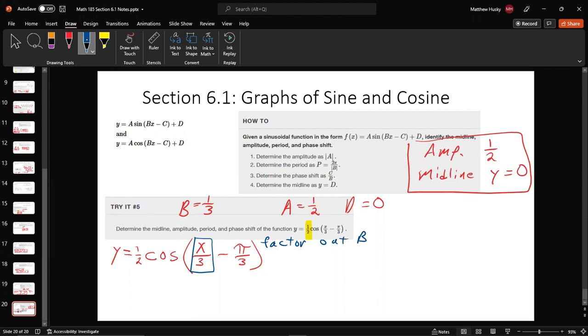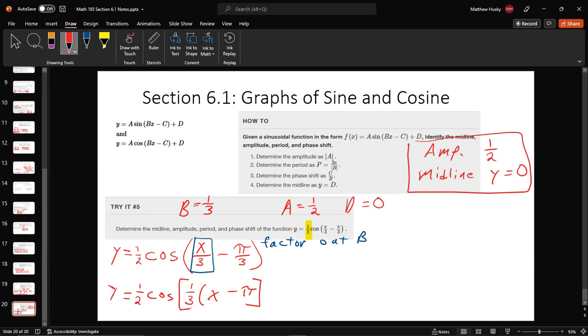So let's factor out this value for b. So that's going to be 1/3, and that would be x. And if you divide this by 1/3, that's going to just be x minus pi. So now what's in the cosine function is this.